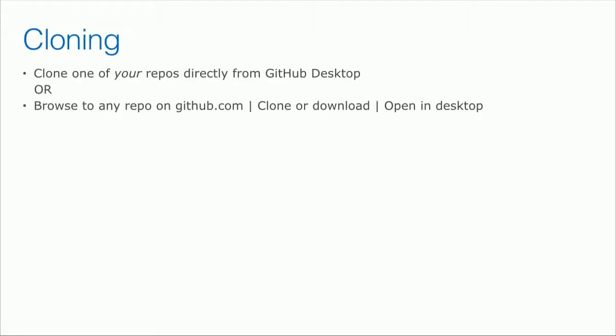Now, you also might want to clone a repository. That is, one already exists online, and you just want to pull it down local to your machine. There's two ways to do that. First of all, if it's one of your repositories, either in your personal account or it's in an organizational account that you're a part of, then you can clone that through GitHub Desktop through the UI, which again we'll look at.